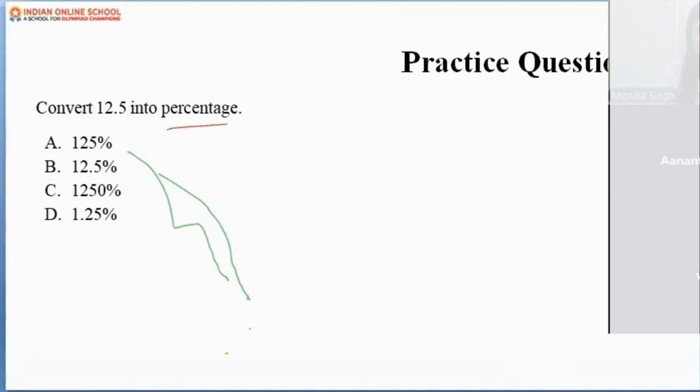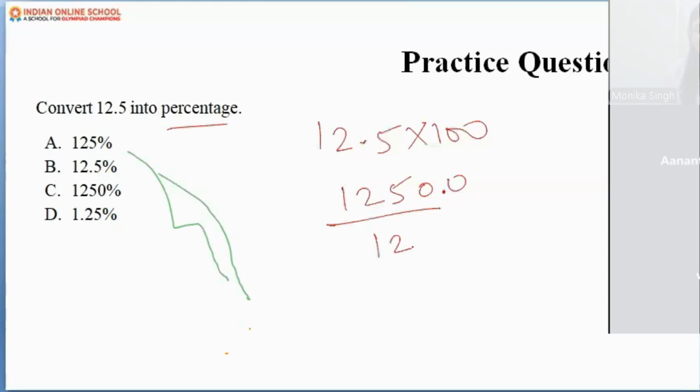Are you sure? Yes, ma'am. So just multiply it by 100. We get, place the decimal before one digit, we get 1250%. Okay?